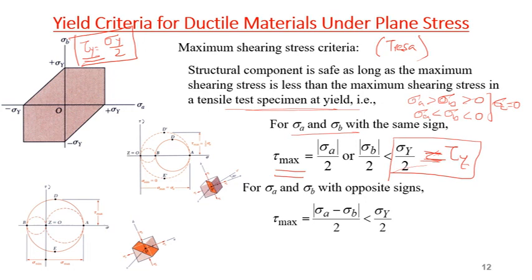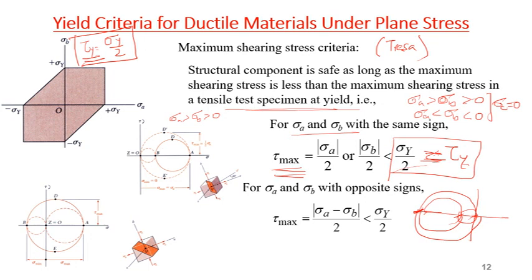It can be either like this if both are tensile, or if both are compressive, the Mohr circle will have sigma A over here, sigma B, and this is my Mohr circle, and the third circle will be like this. So in that case, tau max is either equal to sigma A by 2 or sigma B by 2, whichever is the maximum value, the absolute maximum.